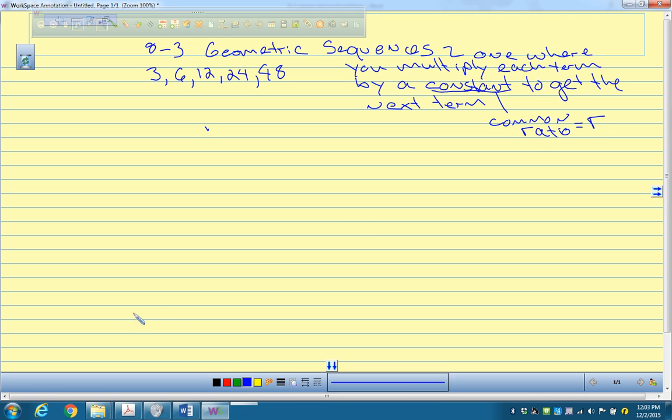So, in this case, R is equal to what? What am I multiplying to get the next term? 2.